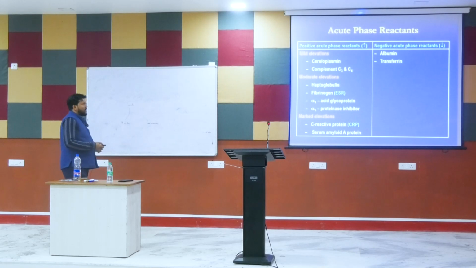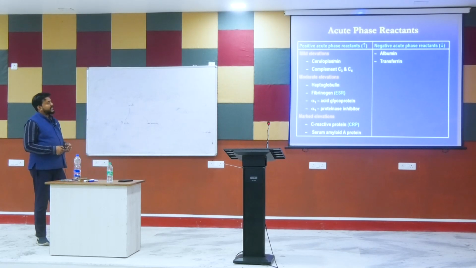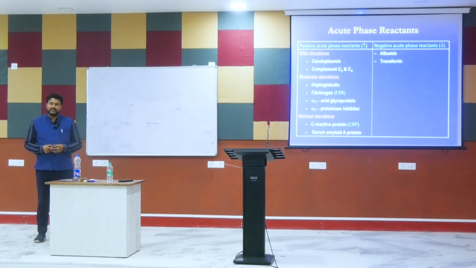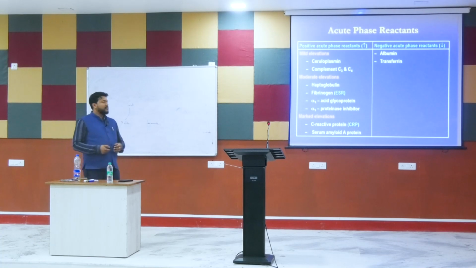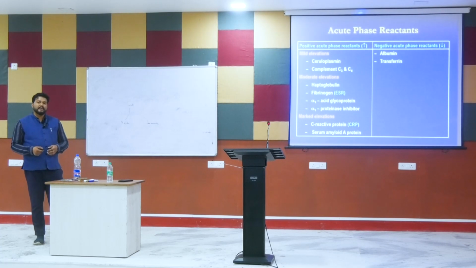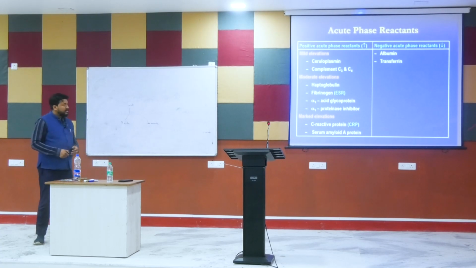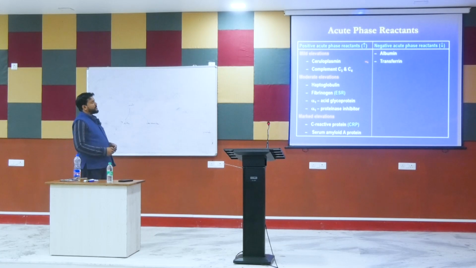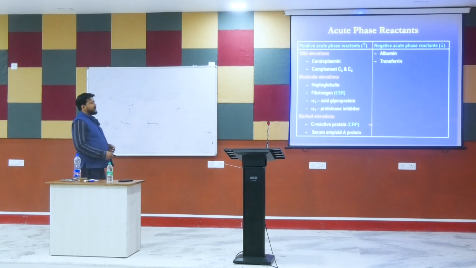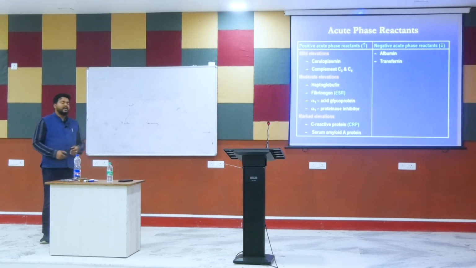Now, acute phase reactants. There are some positive acute phase reactants and some negative acute phase reactants. That means in inflammation, some proteins are elevated and some decrease. Positive ones like ceruloplasmin, complement C3, C4, haptoglobin, fibrinogen, some glycoproteins, C-reactive protein and serum amyloid A protein.